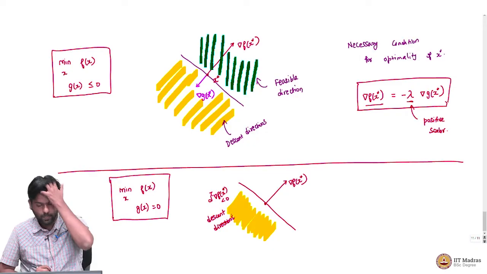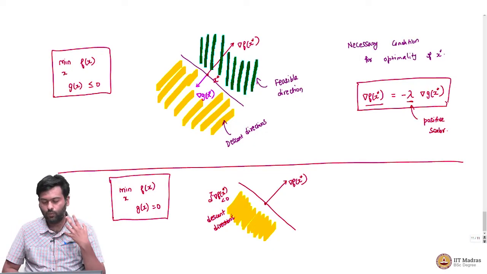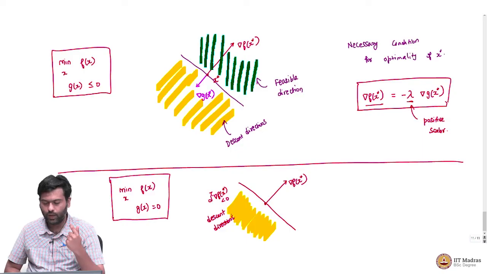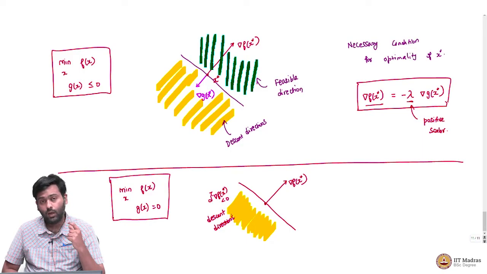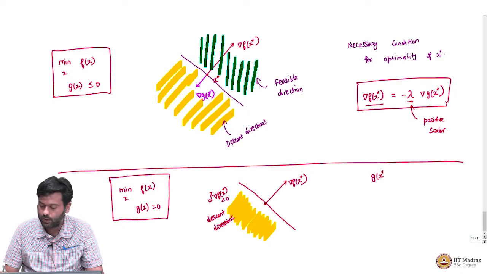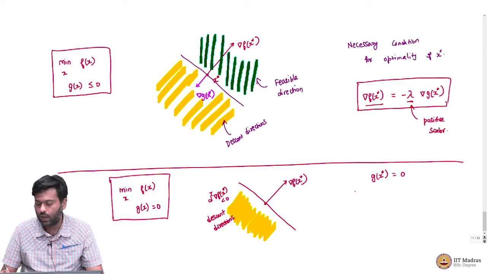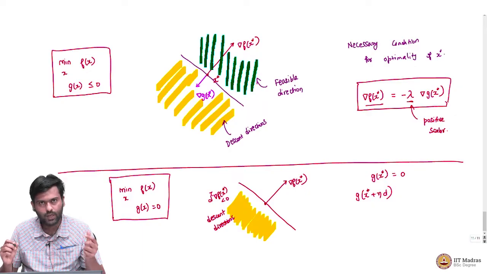Now, the question is, where are the directions where you have feasibility. So, let us say you start with g of x star which is 0, which is feasible, and now you take a very small step, which is you go to g of x star plus some eta times d, where eta is really small.